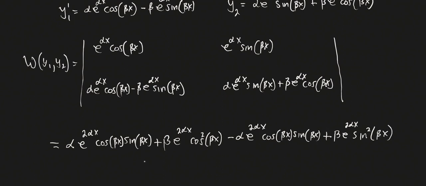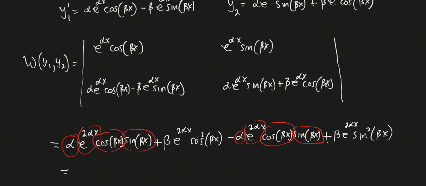Now, if we look closely, the terms that have both cosine and sine get canceled out because of the minus, right? Because look, they have all the same factors. We have it here, we have it here. We have the cosine, we have the cosine, we have the sine, we have the sine. So all that in red goes away. So that's great. What do we have left then?